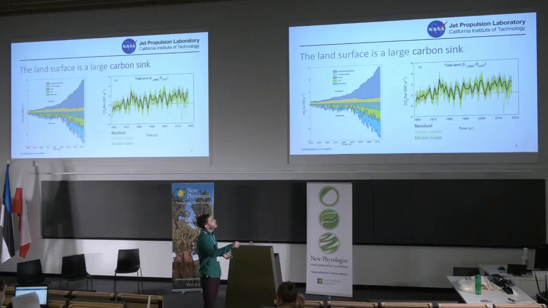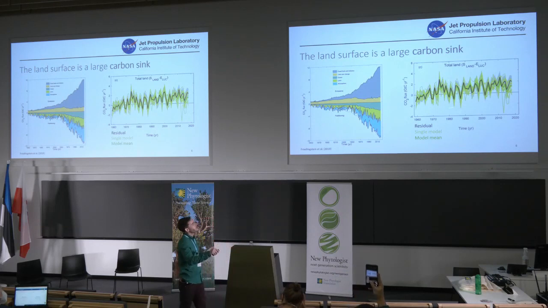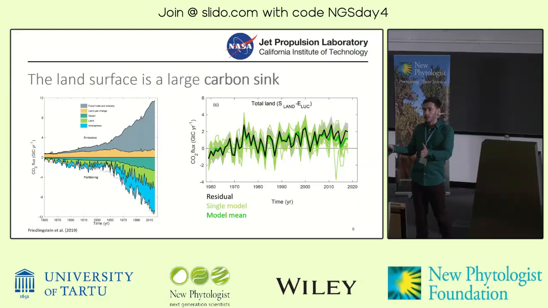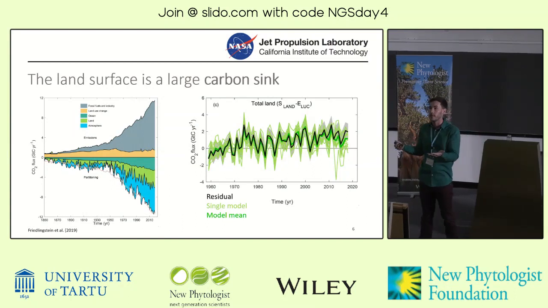And here is the same plot, but now we see the positive axis showing the sink. The light green lines represent individual land surface models, so the land compartments of big climate models that simulate the climate.